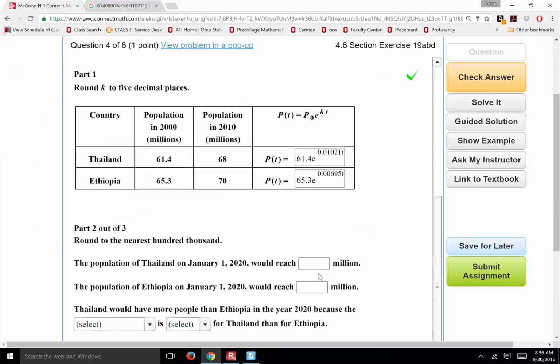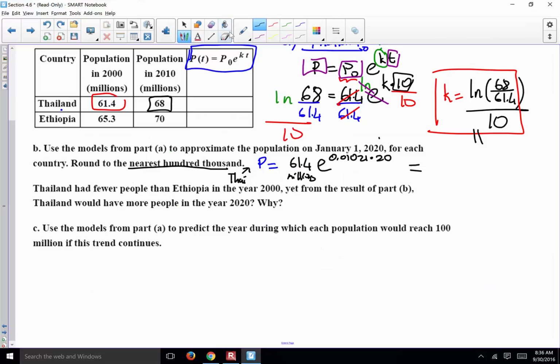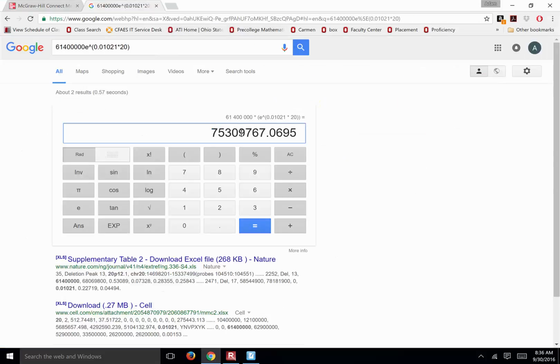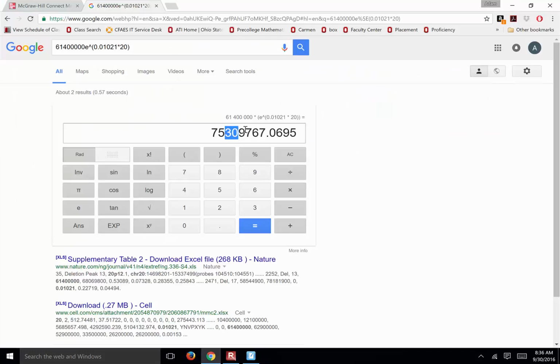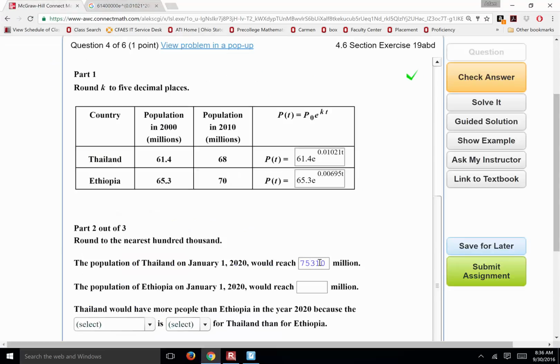All right. Oh no, it says million. It has already million, so you need to turn this into decimal. Sorry. So I will cut off this into millions. 75.31. This was 31, and I rounded it. 75.31.